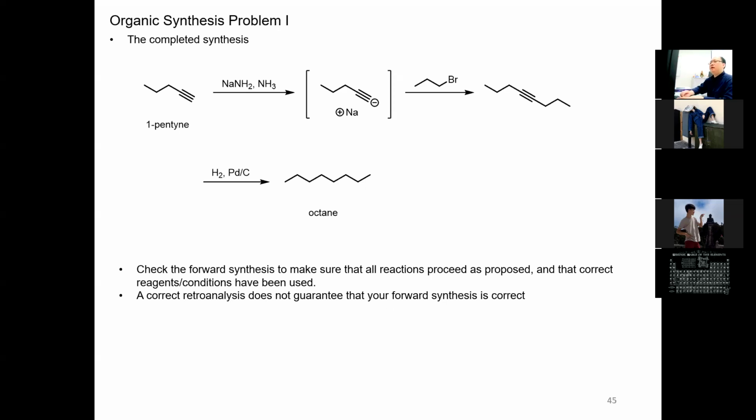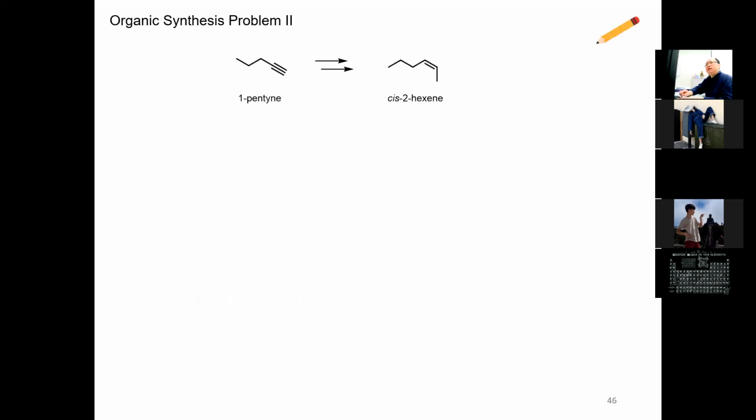All right, so I'm going to give you several more examples. For example, I'm asking you to synthesize cis-2-hexene from 1-pentyne. So I'm going to give you 2 minutes to think about this and I will show you the answer. All right, 2 minutes. You don't need to write a complete synthesis right now. Just think about it, how you can synthesize it, because this is quite similar to problem 1, right?